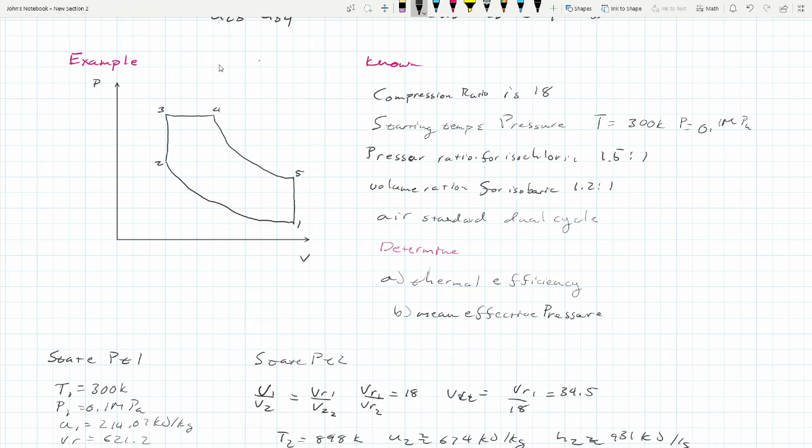Oh, I'm sorry. The pressure ratio for the constant volume part of the heating process is 1.5, not just the pressure ratio for the isochoric part of it. It's the pressure ratio for the isochoric part of the heating process. My bad, I didn't write that down. I'm going to write that down right now. Heating process.